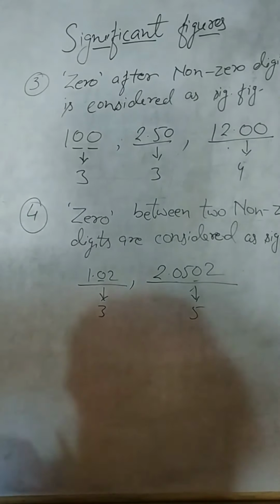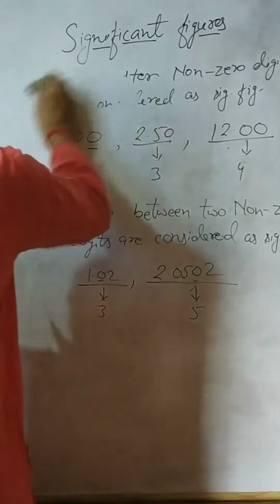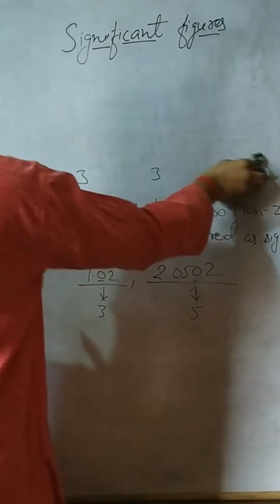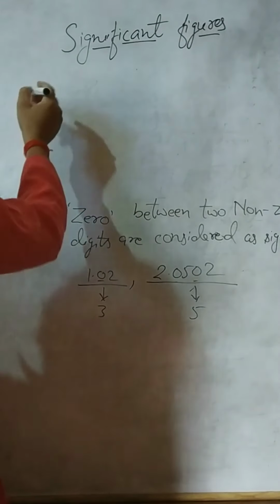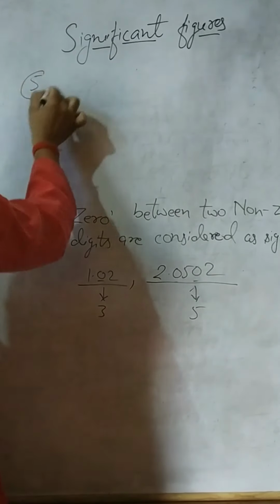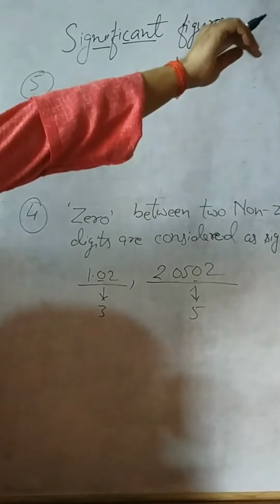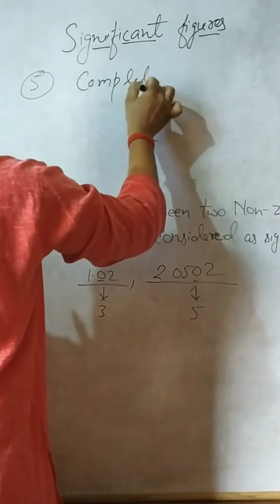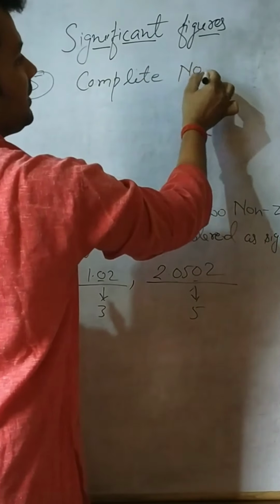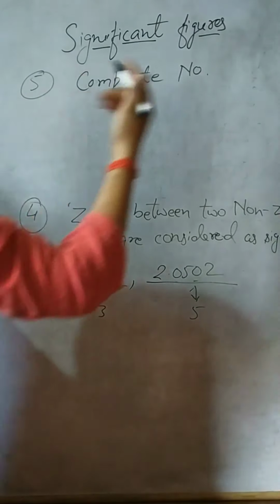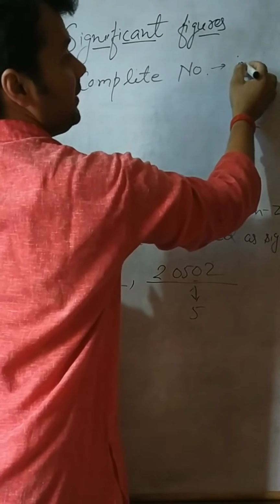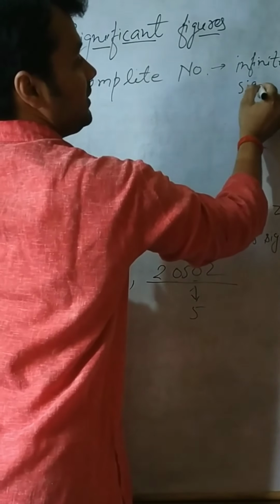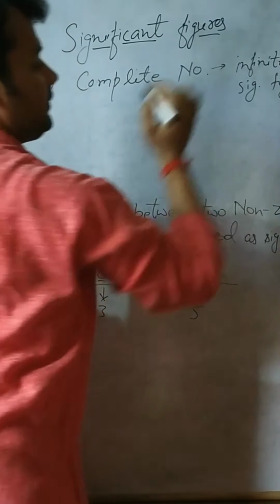Now, the last but not least rule says that complete numbers have infinite significant figures. Now it is very important: infinite significant figures. How?